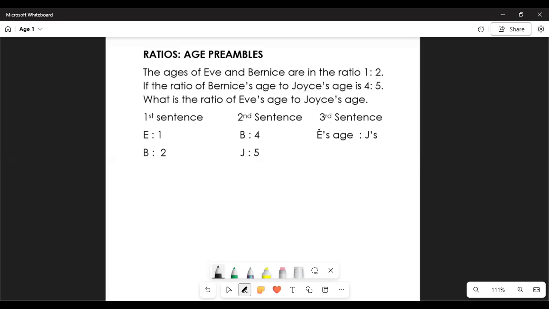The third sentence is the question. Right from the very first sentence, we can see a relationship between B and E. So you just map this one to this.